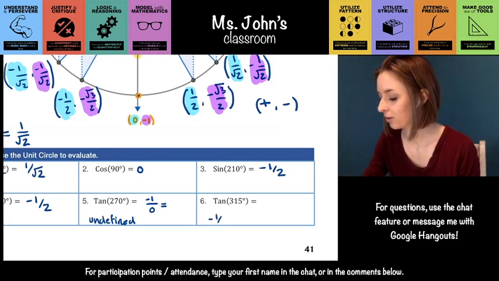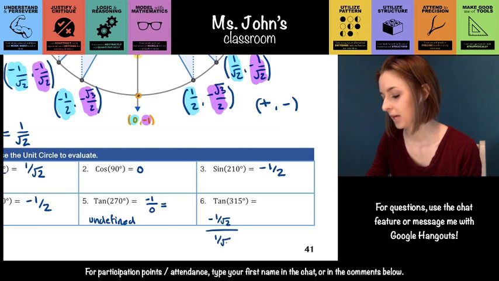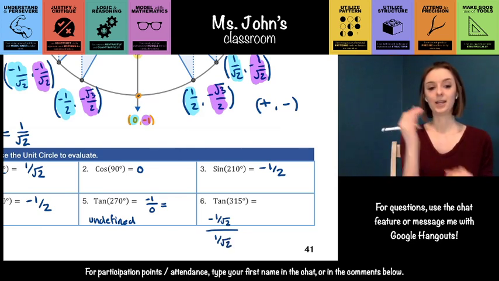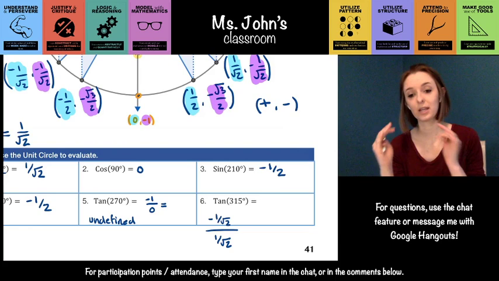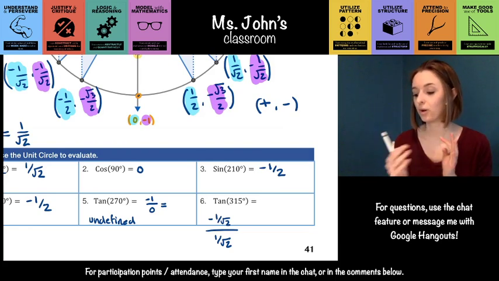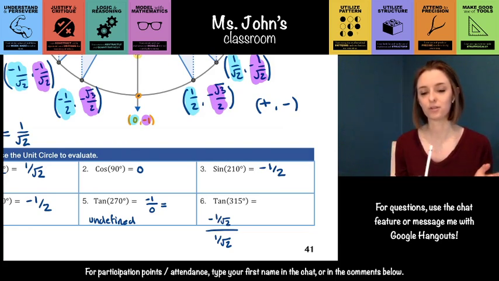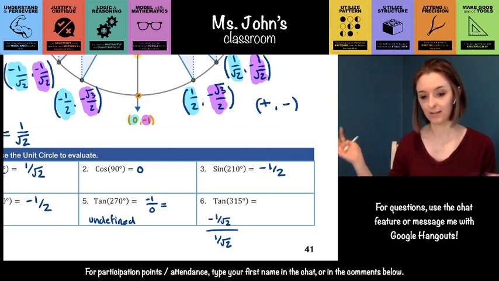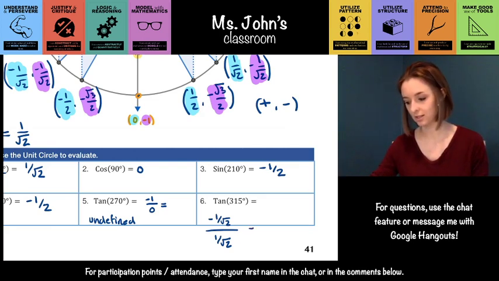We have negative 1 over root 2 divided by positive 1 over root 2. And what do we know about anything dividing by itself? We know that it equals 1. And so 1 over root 2 divided by 1 over root 2 is going to be 1, except we just have a negative in there. So essentially this is like having negative 1 over 1, which is negative 1.